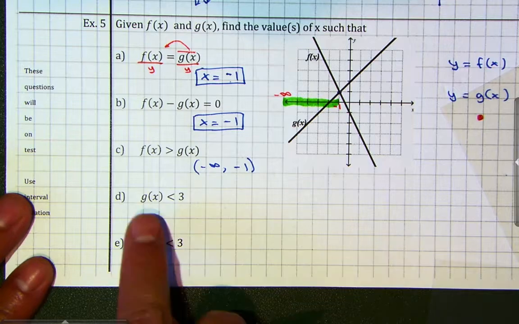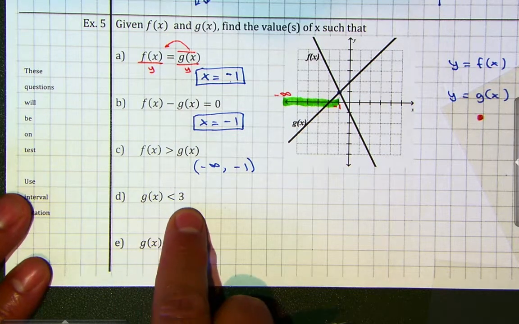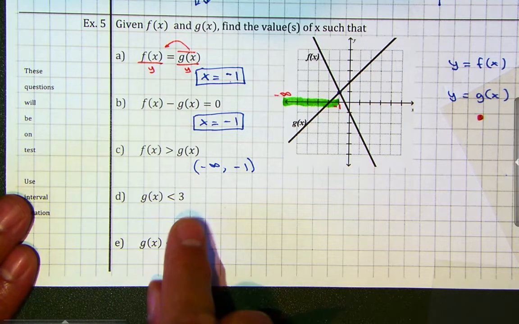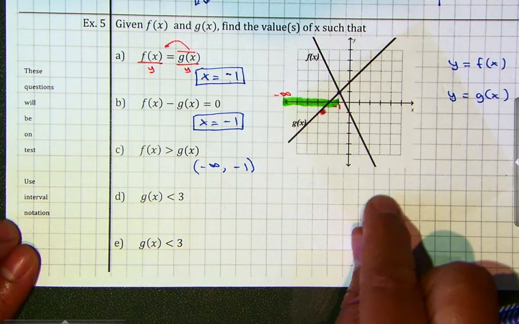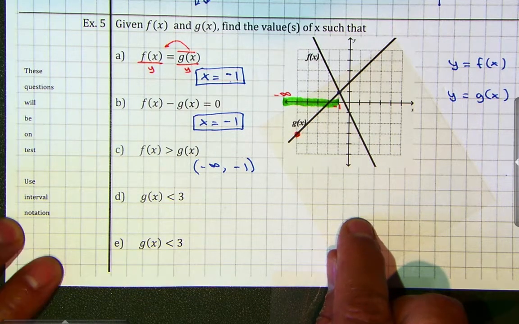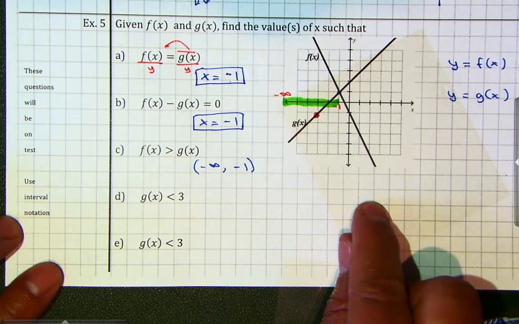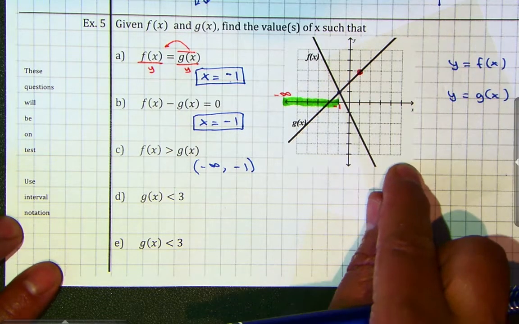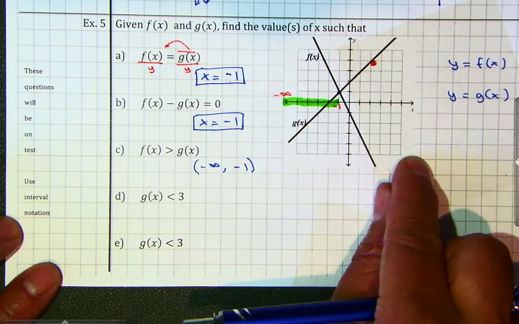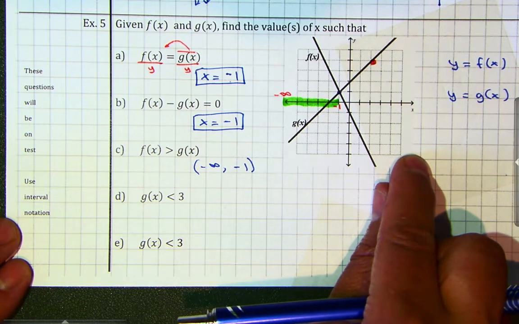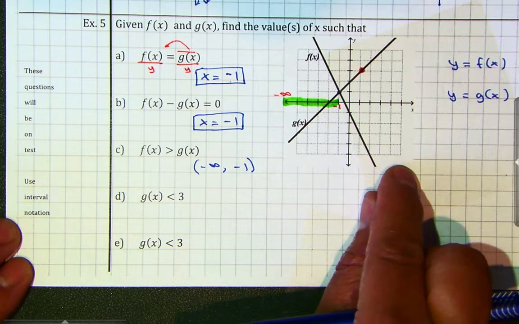Letter D. When is g of x less than 3? Well, for g of x, we're just talking about this graph here. The y value is -3, -2, -1, 0, 1, 2, 3. Once we go further, the y value is greater than 3. I want it to be less than 3.